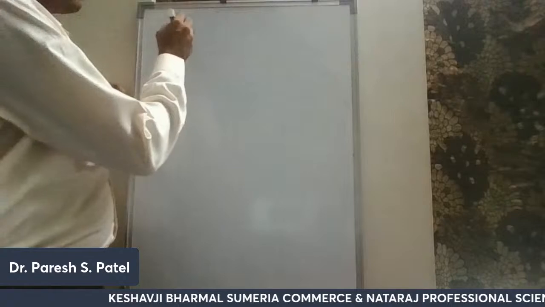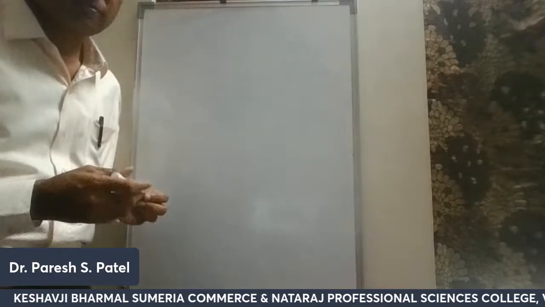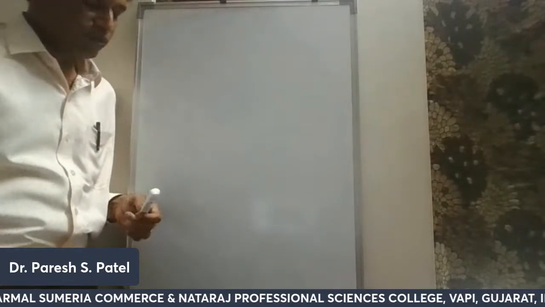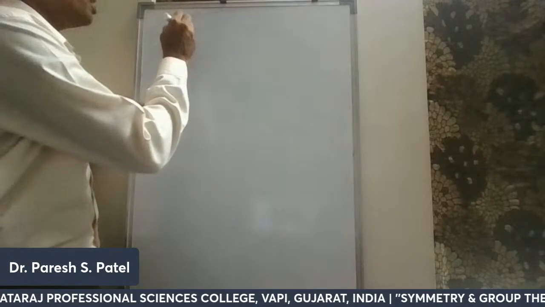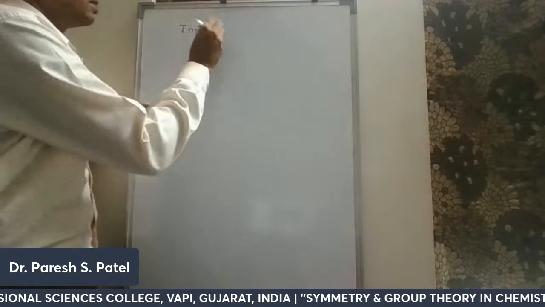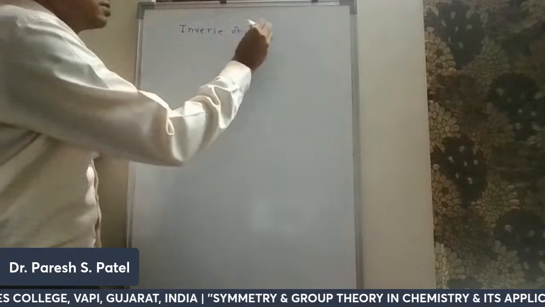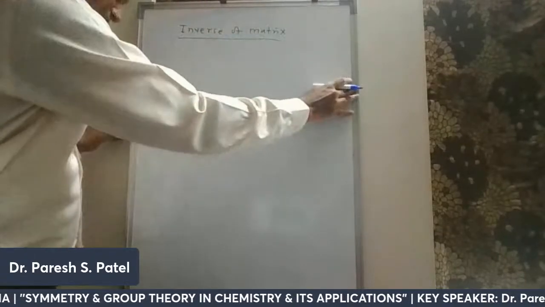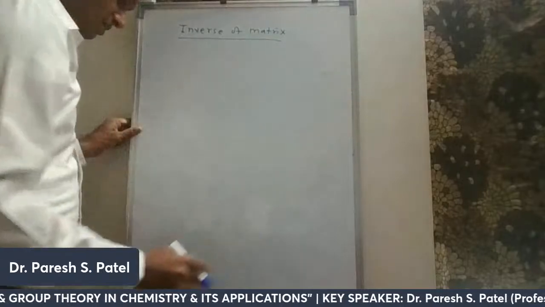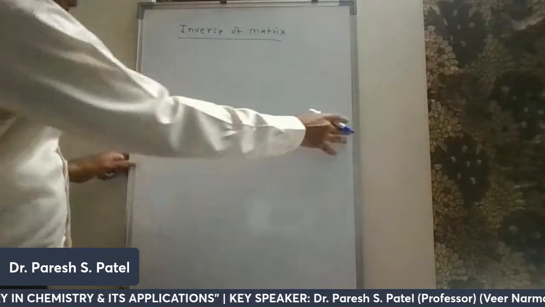Okay, dear students, again we are going for the inversion of how to find out the inverse of the matrix. To find out the inverse for the two-dimensional matrix and the three-dimensional matrix, both are different.